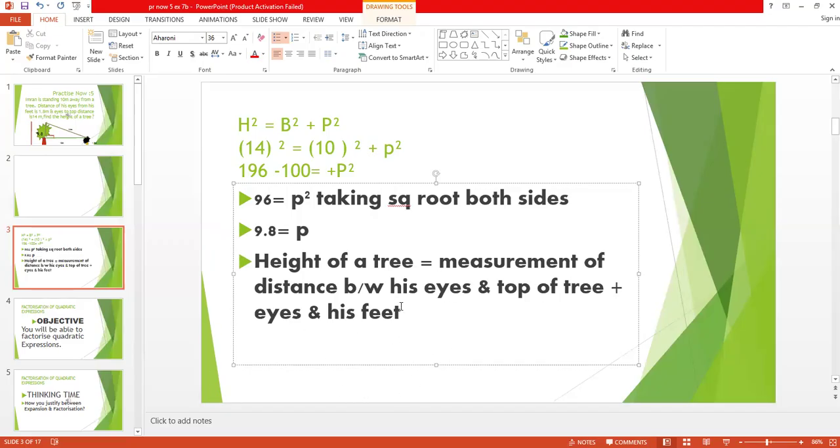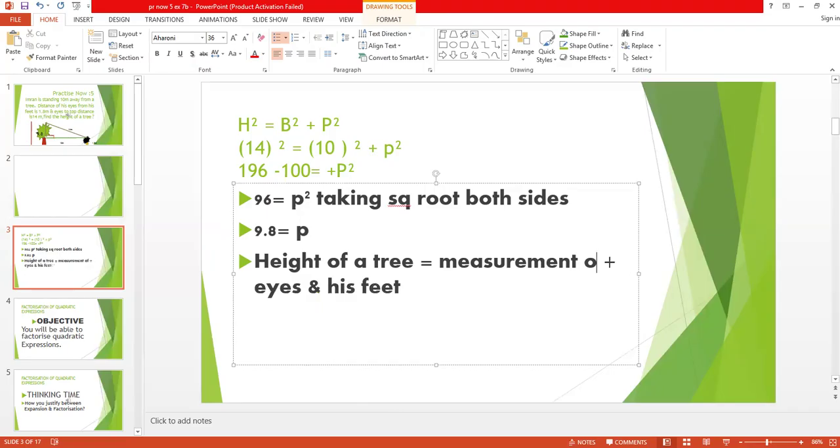Measurement of distance between his eyes and top of tree. And what is that measurement? You have already found that measurement is 9.8. So height of a tree is equal to 9.8, plus the measurement from his eyes to his feet.